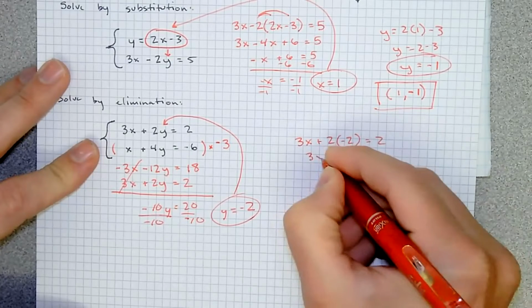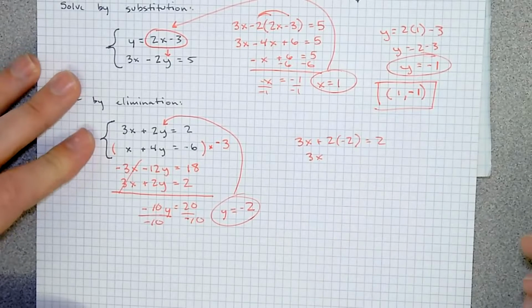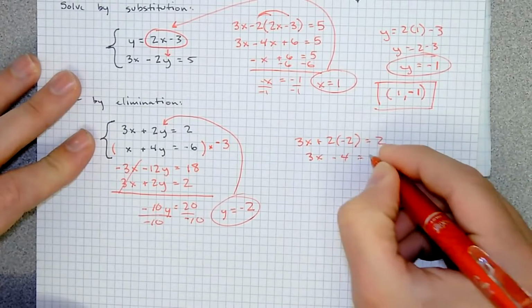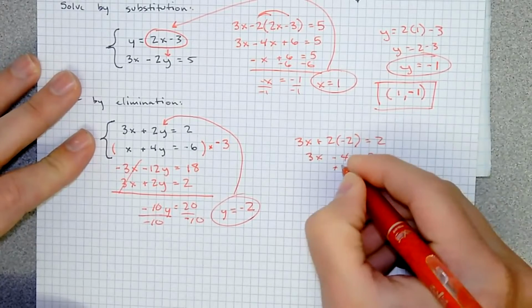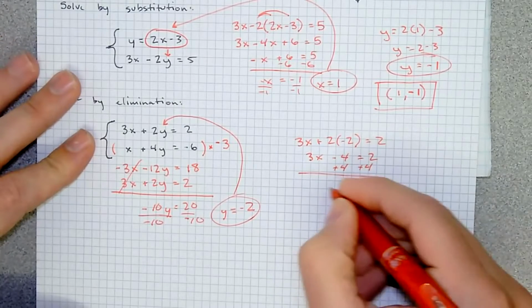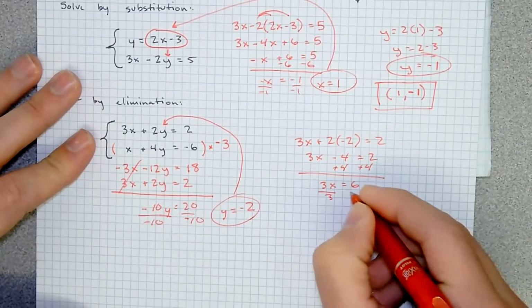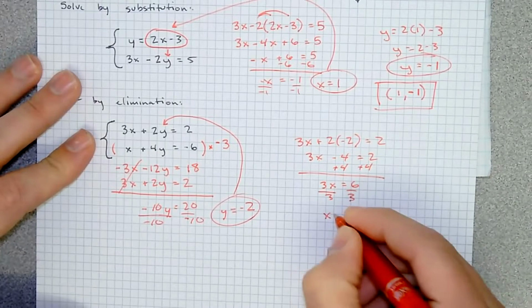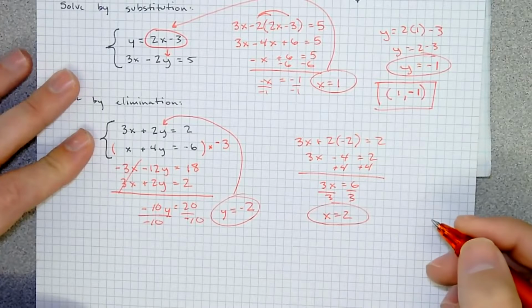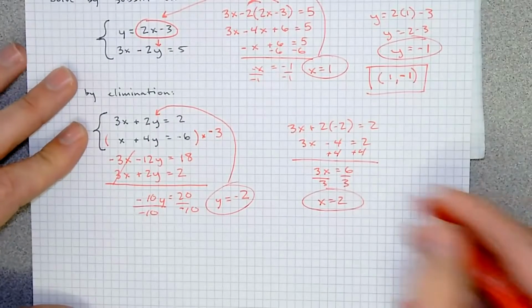So I get 3x minus 4 equals 2. Add the 4 to the other side. 3x equals 6. I get an answer of 2, -2.